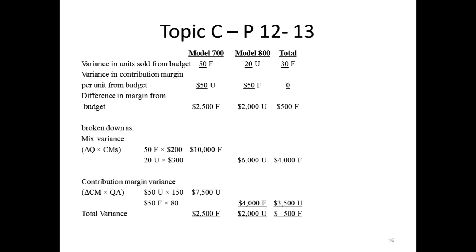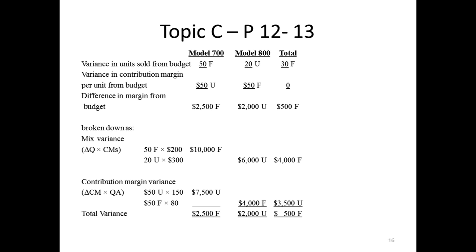So the price elasticity on these machines is probably fairly high, and the contribution margin variance, because we dropped the price, is unfavorable on Model 700, and because we raised the price on Model 800, it's favorable.